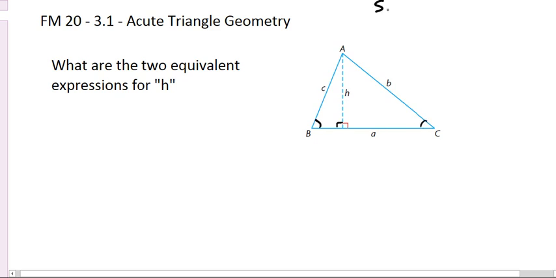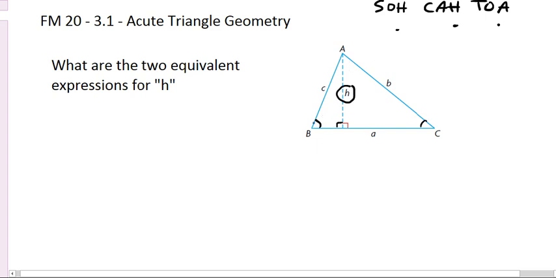Remember SOHCAHTOA? That helps us remember how the trig functions can be written out. Sine of a particular angle equals the opposite side length divided by the hypotenuse length. So how can we use the trig ratios of these two right triangles to write an expression for H?